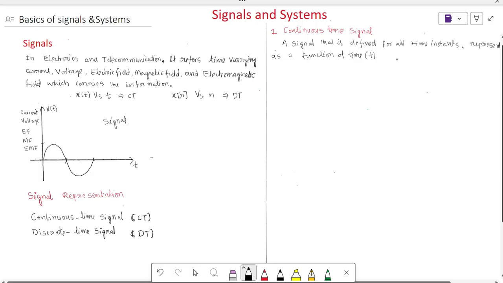So what are the examples? You know the sound wave, where the magnitude varies with respect to time. Now we are going to draw one example.